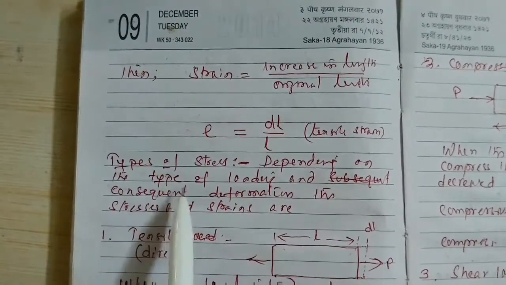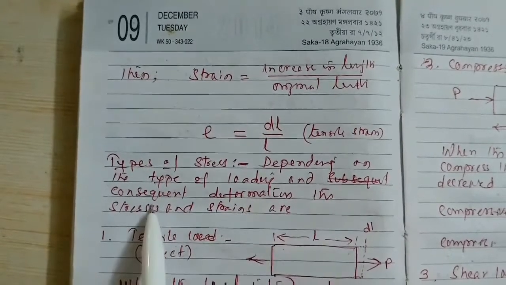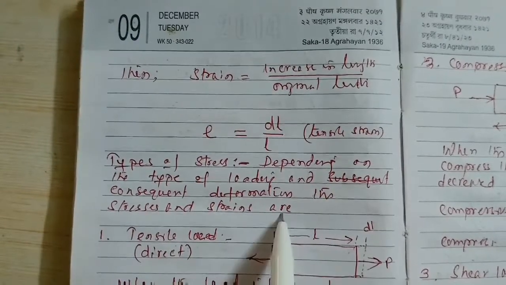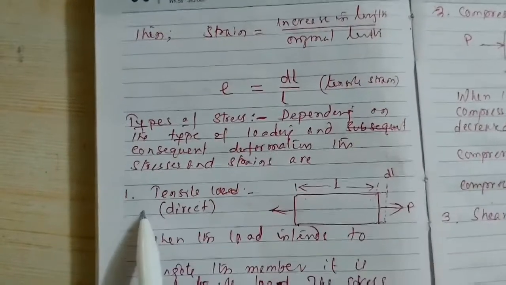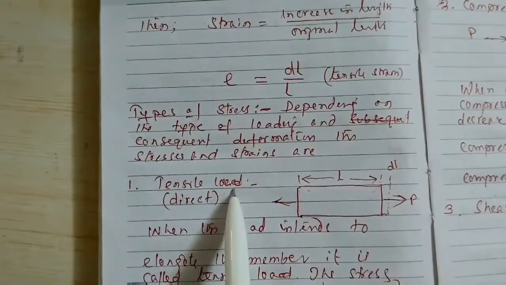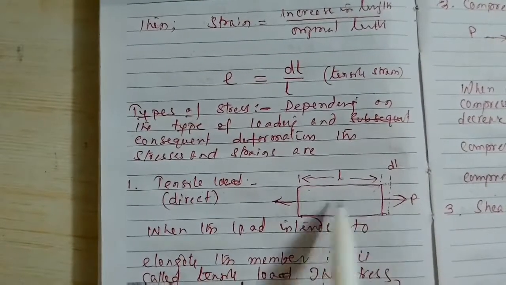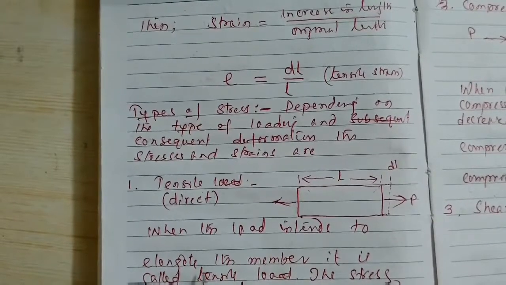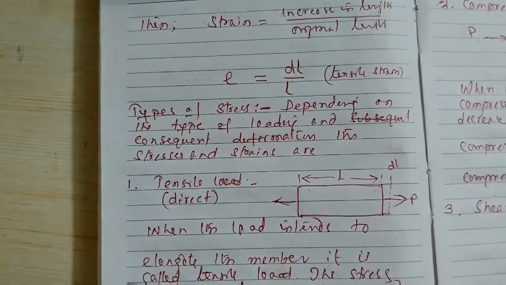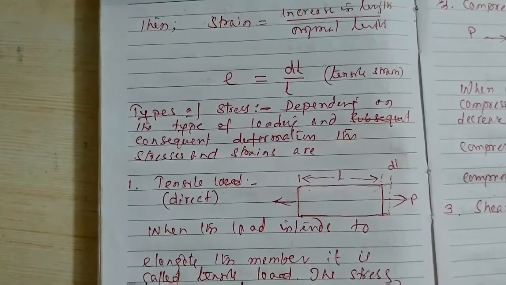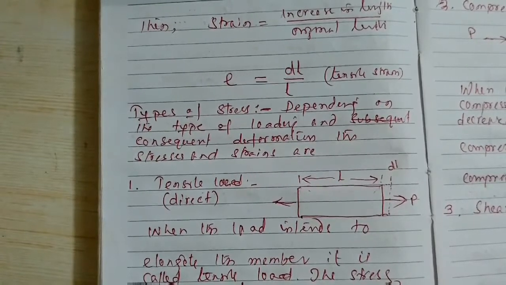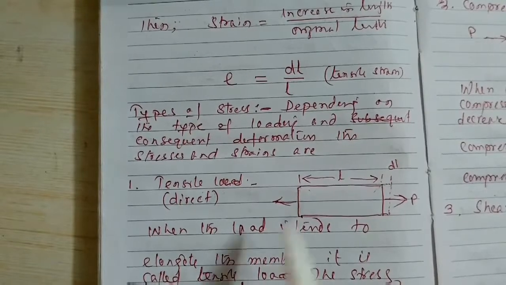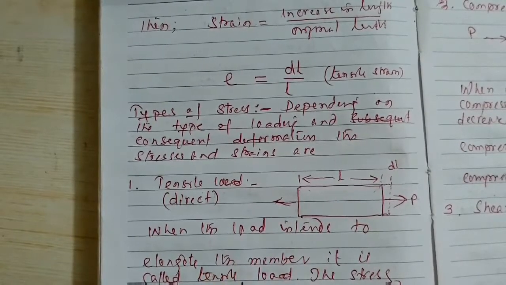Depending upon the type of loading and consequent deformation, number one, it can be a tensile load. When the load tends to elongate the member, it is called a tensile load. The stress is called tensile stress, and the strain is called tensile strain.